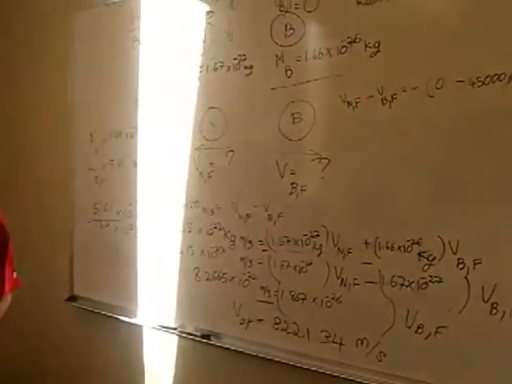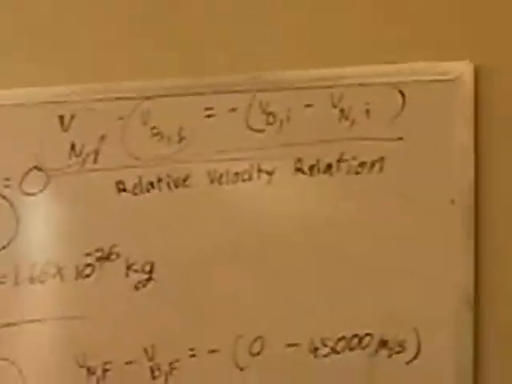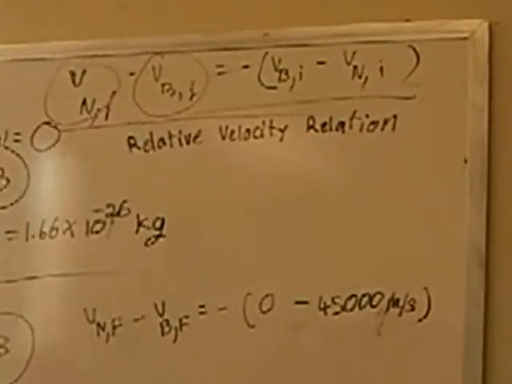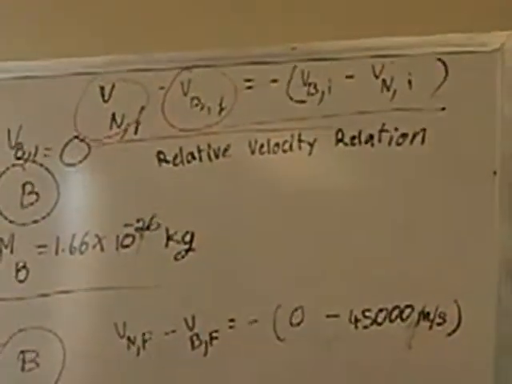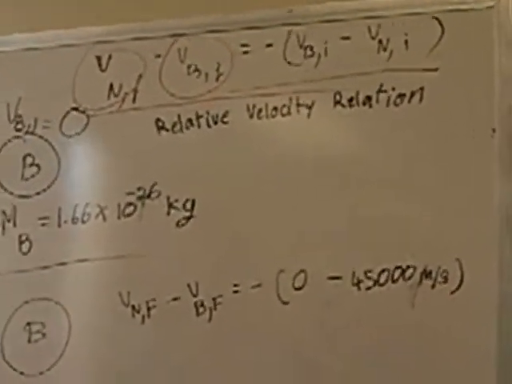So in this case, you came up with the relative velocity relation, and here's the equation: the final velocity of neutron minus the final velocity of boron equals the negative of the initial velocity of boron minus the initial velocity of neutron.